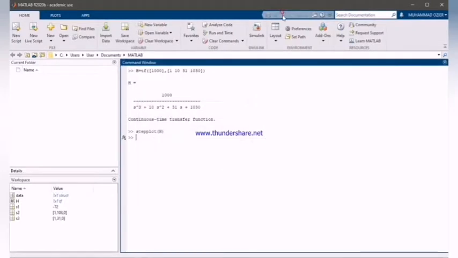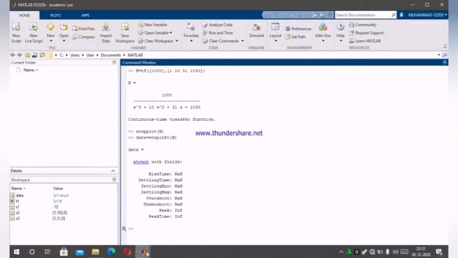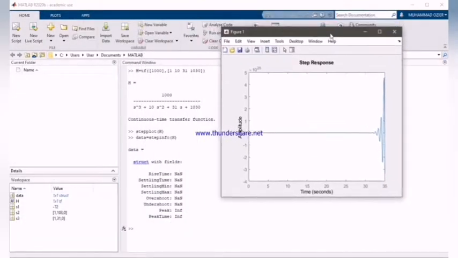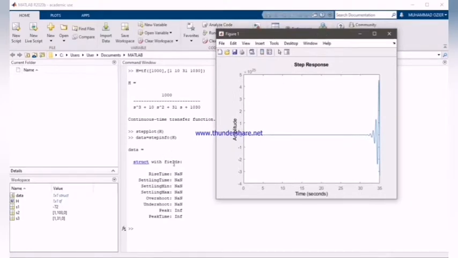And then to show all the data, we need to type data equal to stepinfo in bracket H, and then press enter. Alright, so this is our graph, and this is our data.